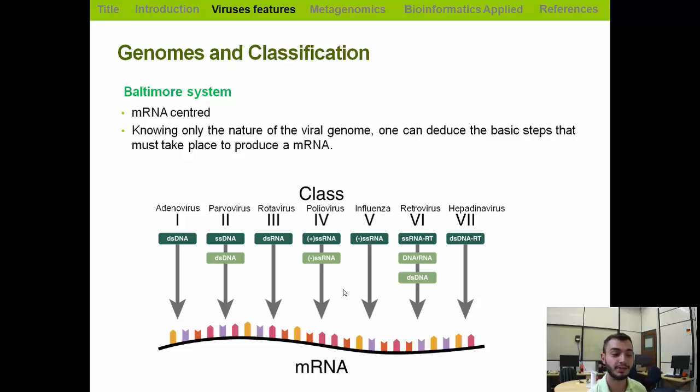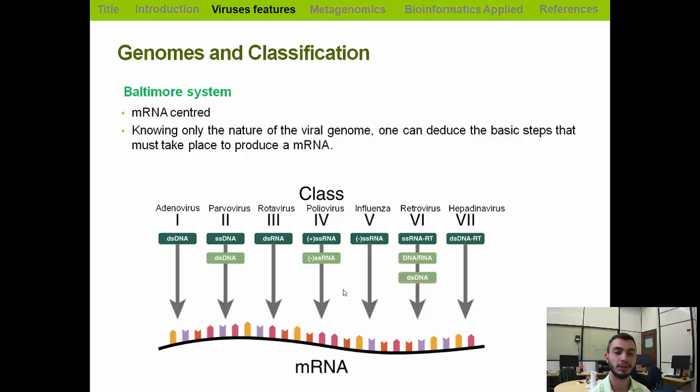And in the class 6, we have the retrovirus that are the HIV kind, and then they are single-strand RNA, but they are somehow different because the strategy involves a DNA intermediary. So the single-strand RNA is reverse transcribed to a DNA molecule.